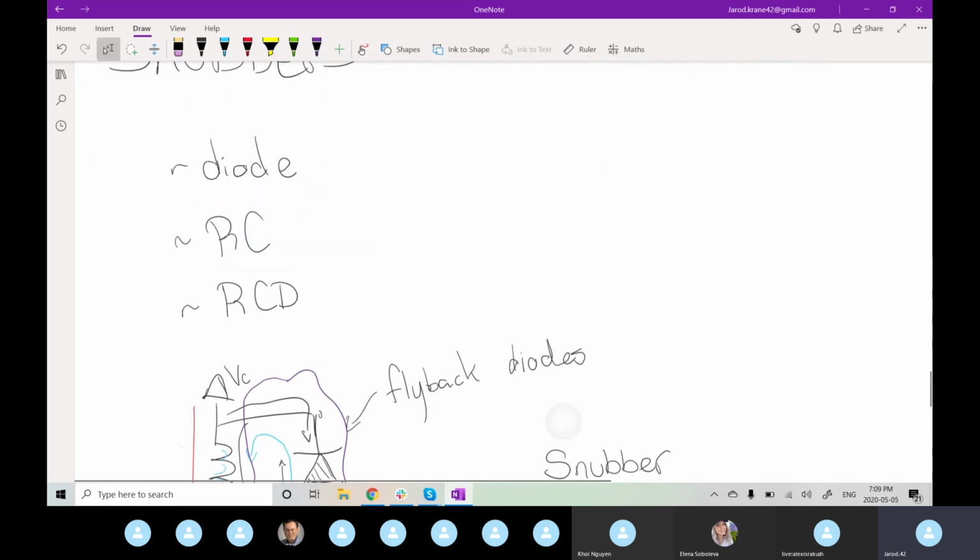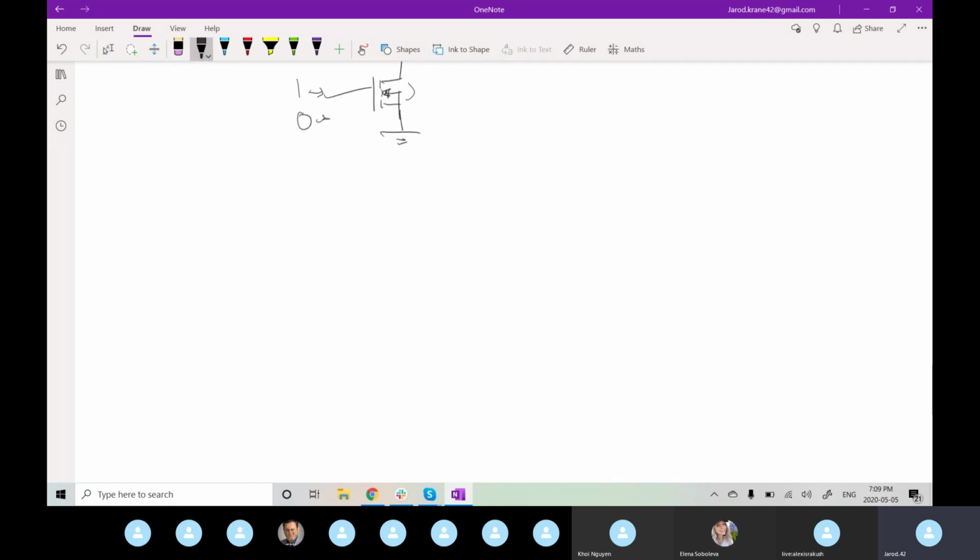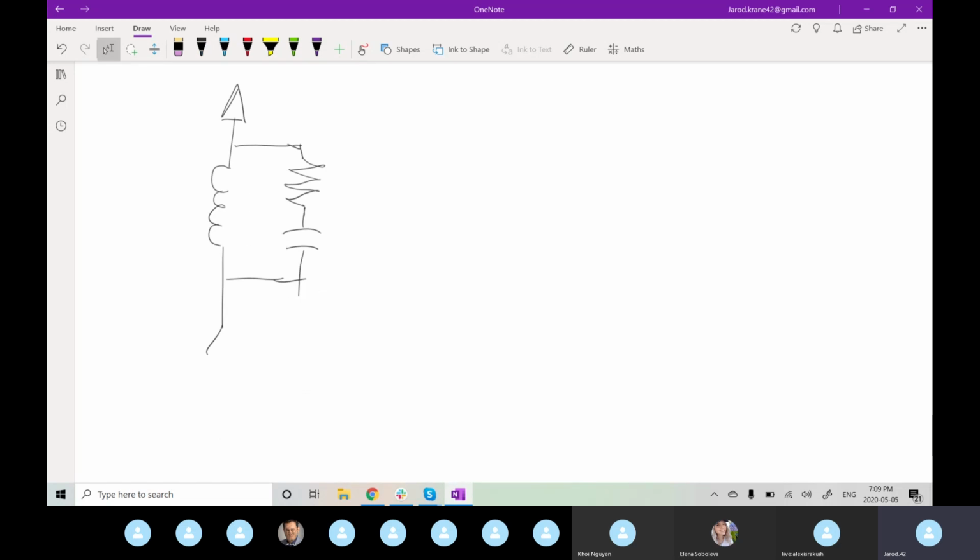The other snubber, if we look at it the same way, is the RC snubber. I actually haven't seen these all too often, or much at all, really. I believe these are typically polarized caps.